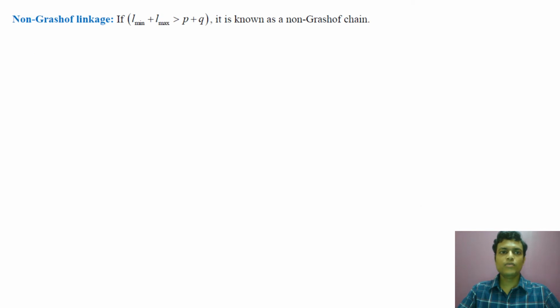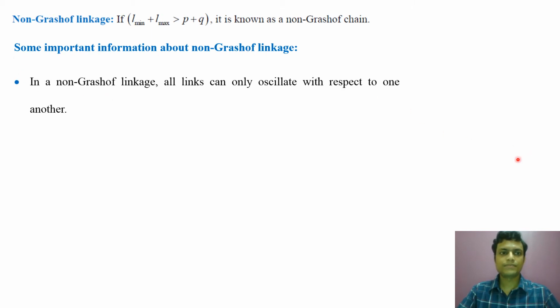Now let us move to a non-Grashof linkage. So when it is a non-Grashof linkage, if L min plus L max is greater than P plus Q, it is known as a non-Grashof chain. So in a Grashof chain, L min plus L max was less than P plus Q. Here in a non-Grashof chain, L min plus L max is greater than P plus Q. And here also you have some notes about non-Grashof linkage.